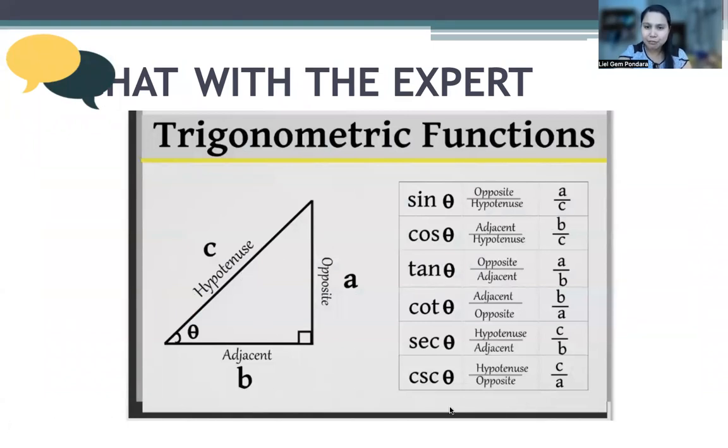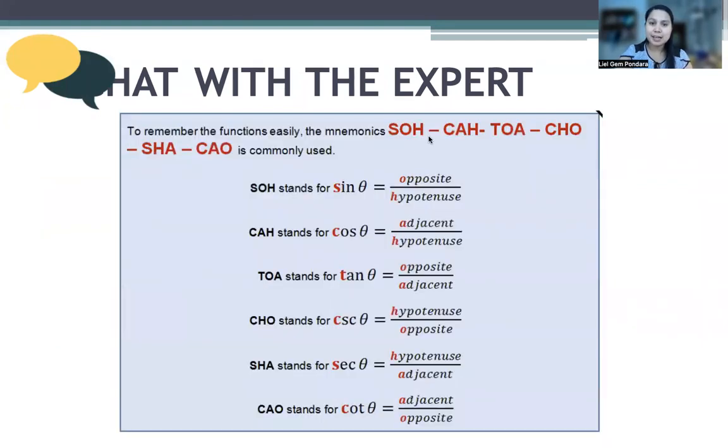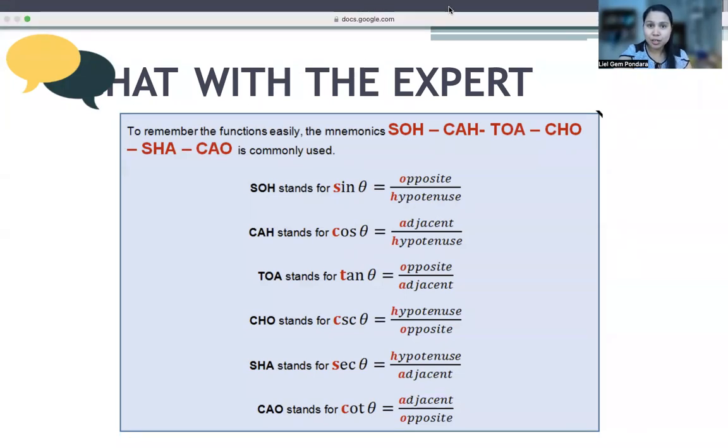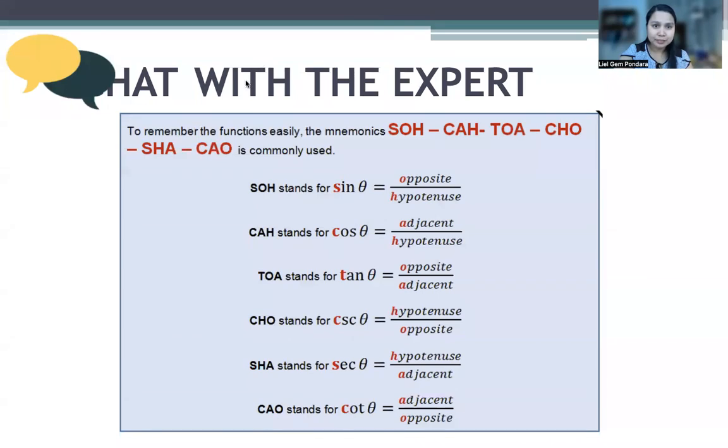Now, this is the formula, but let me give you right away my technique. It's SOHCAHTOA. SOH means sine theta equals opposite over hypotenuse. Next, CAH means cosine equals adjacent over hypotenuse.